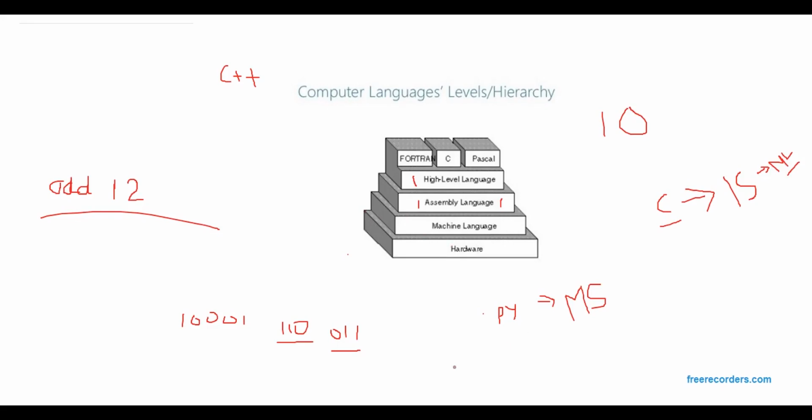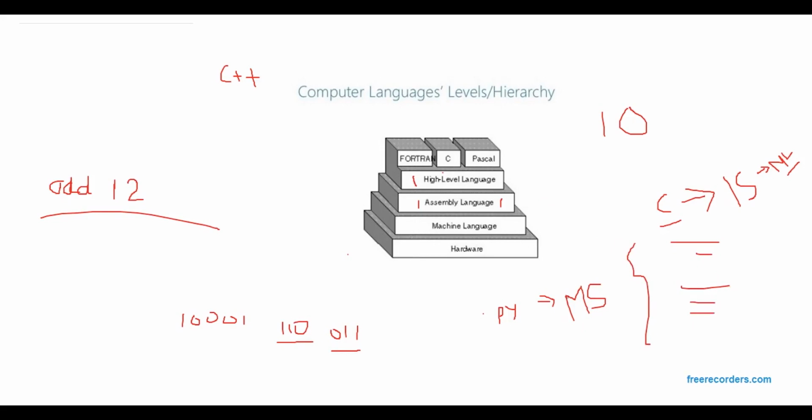Thus, in Python, there are a few examples like print. Then we can add the string. So when we are typing print and adding a string, while converting to machine language, it will be a bunch of statements, a bunch of codes.